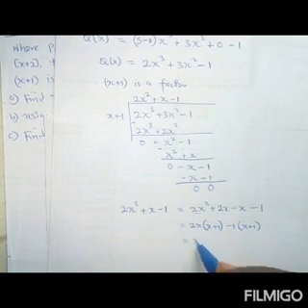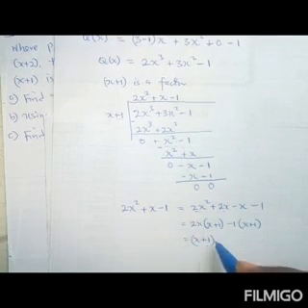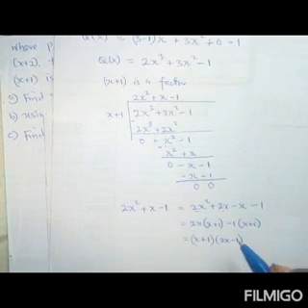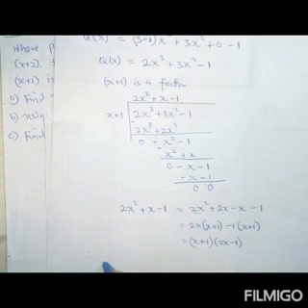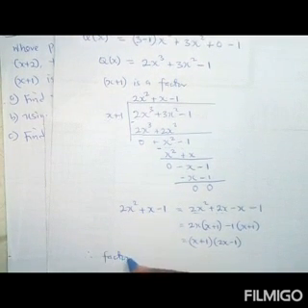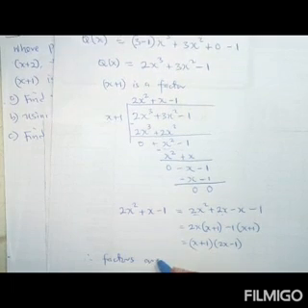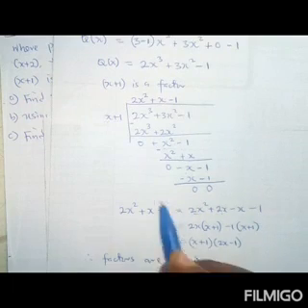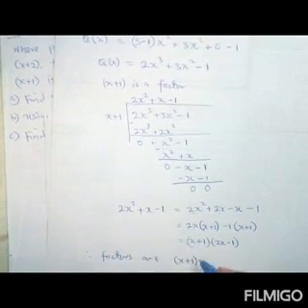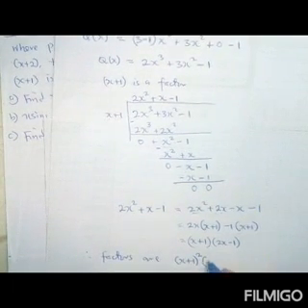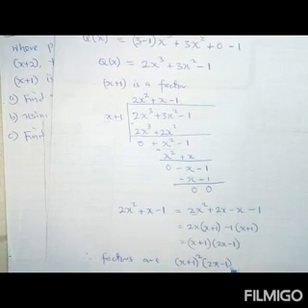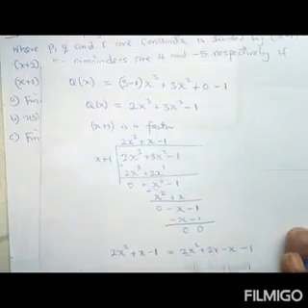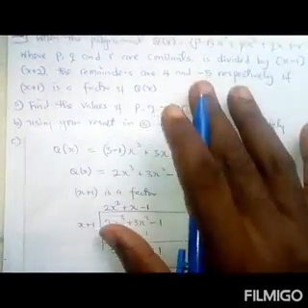So this is going to be x plus 1 and 2x minus 1. Therefore, factors are x plus 1. I have another x plus 1. There is the first one here, so it's double, and 2x minus 1. So this is the answer to the question that says factorize completely.